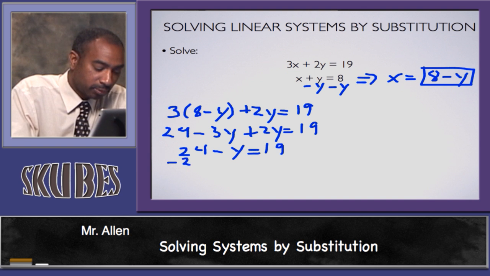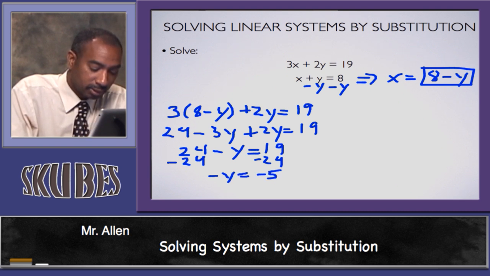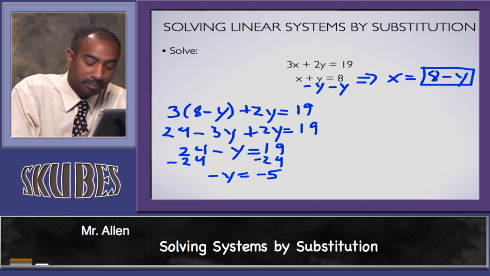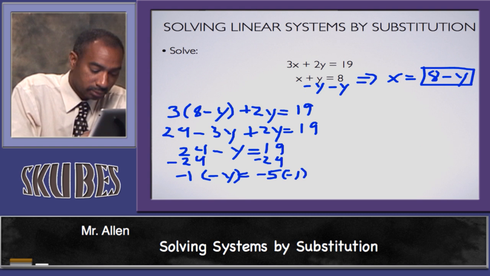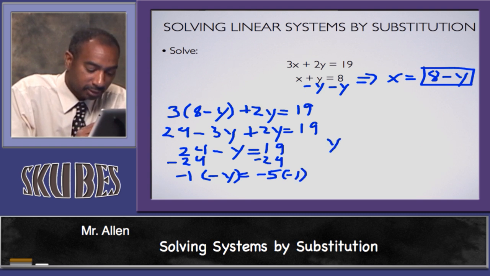I'm going to subtract 24 from both sides. So negative y is going to equal negative 5. And what I can do is multiply or divide by negative 1. So that tells me that y has to equal 5.